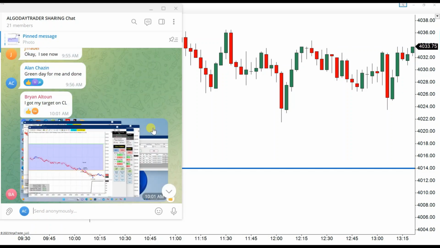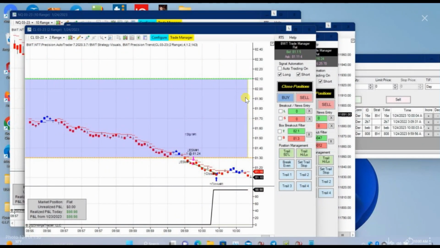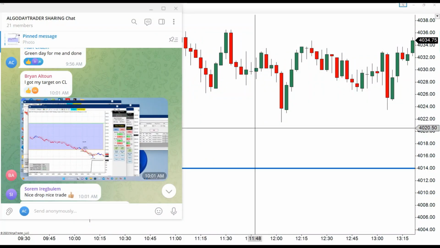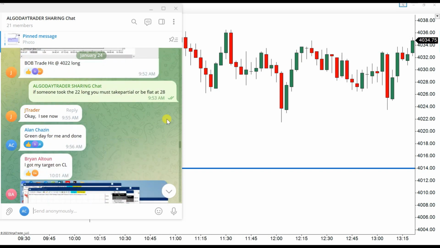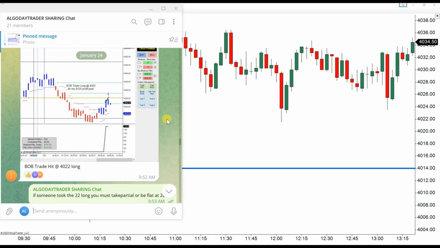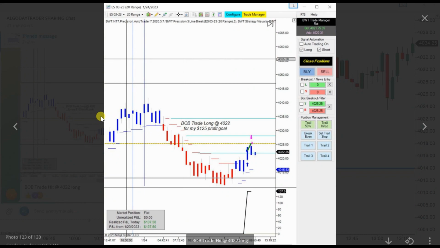Those who traded earlier, some screenshots here, because of course what I do is I have to take every trade because I am running the service, so I need to show that every instrument is profitable. But what I recommend to the group members is once you hit your $100 a day target, just stop trading. And most people listen to me, and they just got their 100 and they were done for today.